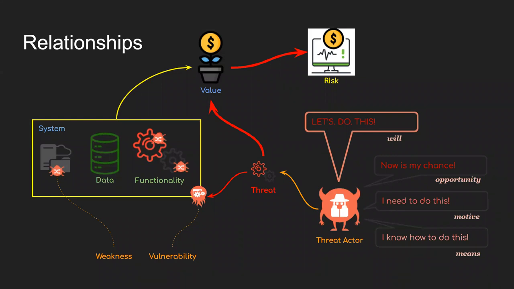So you have to have the means, the motive, the opportunity, and then you have to have the will to go ahead and exploit a vulnerability. And all of this influences risk. And this is where the risk discussion comes in. So threat modeling proper tries to figure out who's going to do what against the system and how they might influence the system to cause some impact.